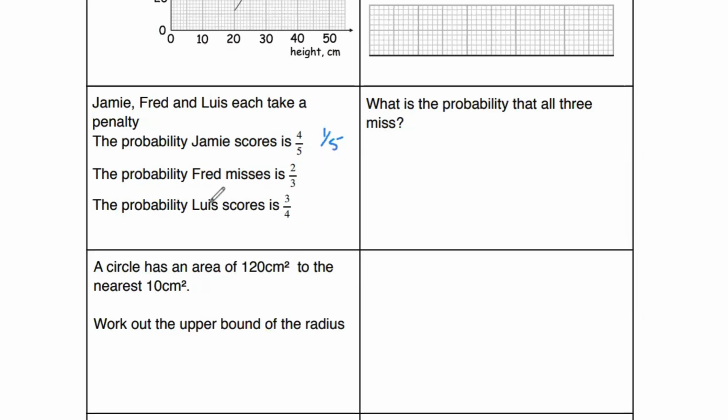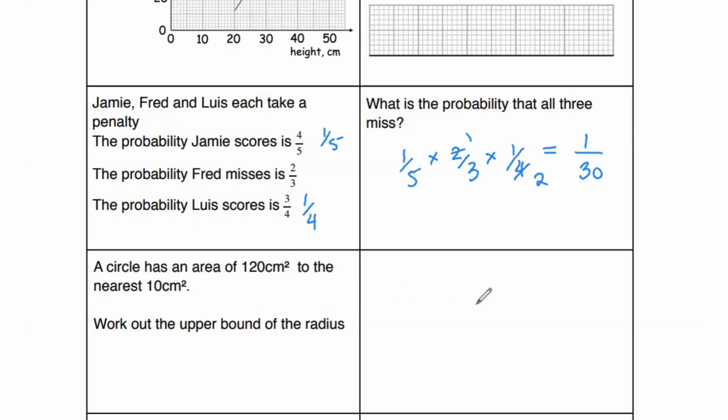The probability that Fred misses is already given, and for Louis, it's going to be 1/4. So 1/5 times 2/3 times 1/4 is going to equal, 2 ones are 2, this is 2. So that is 1/30. That is the probability of all three of them missing.